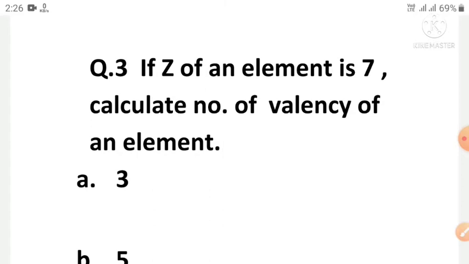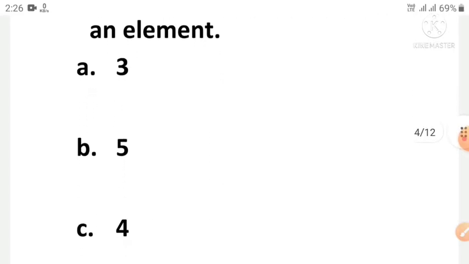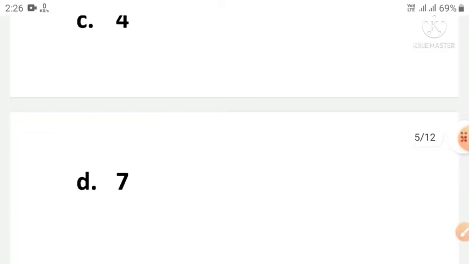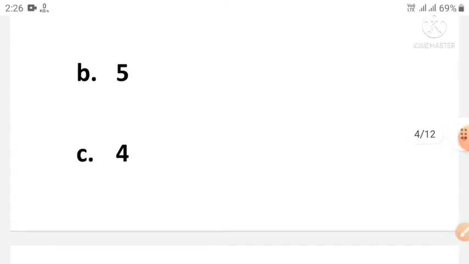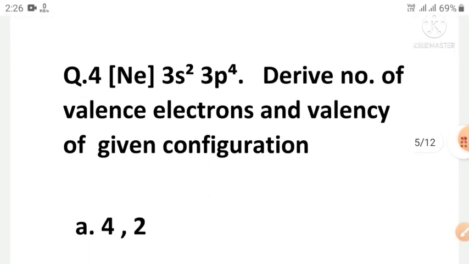Here 4 options are given: A 3, B 5, C 4 and D 7. So you have to choose the correct option. Now we see the next question.